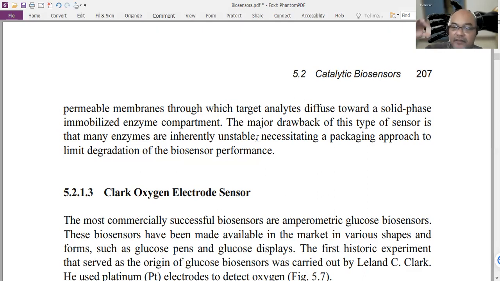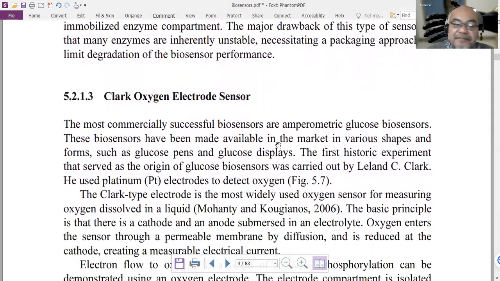You cannot use it after you open it. You have to use it immediately, because the enzyme will degrade due to the surrounding humidity and temperature. Enzymes are inherently unstable because they are not in their native environment within the organism.